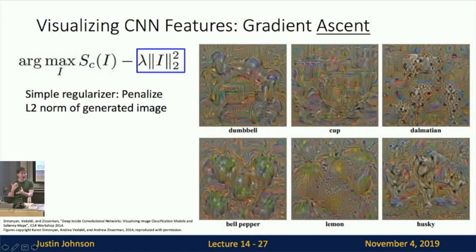And you can see these black and white spotted patterns popping out emergently, generating from scratch this Dalmatian pattern, which is pretty exciting. This gives us some idea that maybe when the neural network is looking for Dalmatian, one of the key features that it's using is just this black and white pattern that Dalmatians have on their coat. So this gives us some way to visualize or understand what features in the image the neural network is using to classify them.